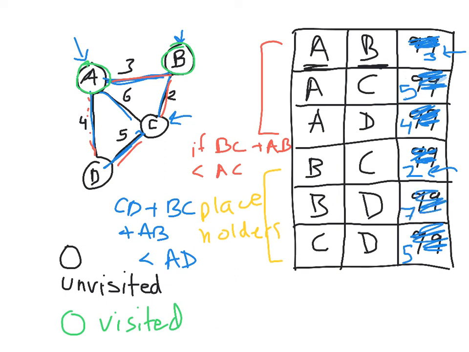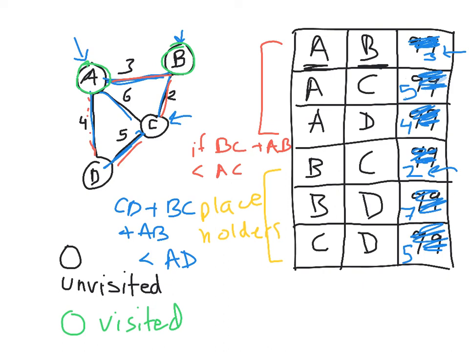This allows us to find out what A to D is, comparing or updating A to D, which is 4, to our new A to D that we're seeing right now, which is A to B plus this new B to D, which is 7. So we're always using these placeholders to reevaluate our shortest paths from A to any other node.